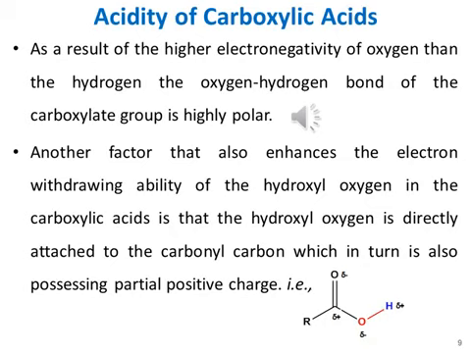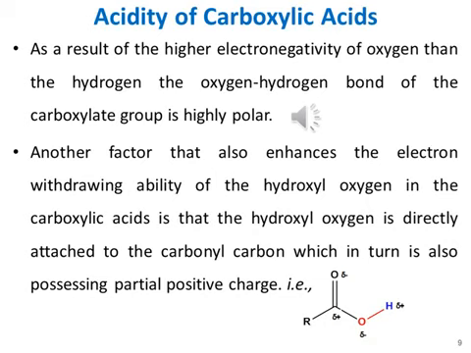So these two factors, number one, the electron withdrawing ability of the oxygen of the hydroxyl group, and number two, the electron withdrawing ability of the carbonyl carbon, which attains this ability because of the carbonyl oxygen, make the sigma bond of the hydroxyl group, that is the bond between the oxygen and hydrogen, highly polar.